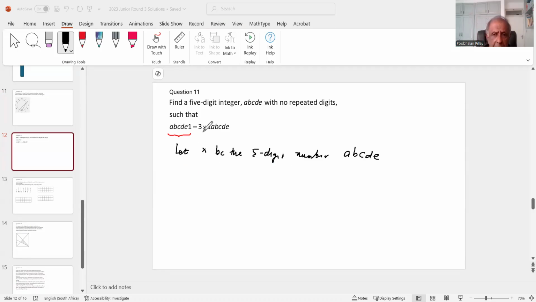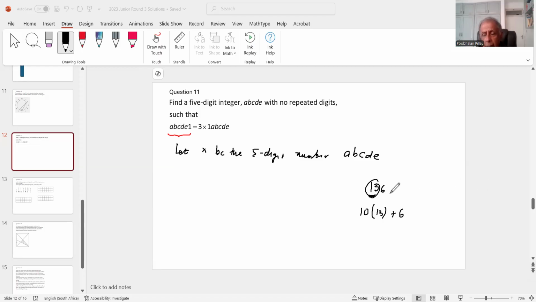All right, now you've got an equation here. Can I write this in terms of x? The answer is yes, because if I take anything, say 136, this is 10 times 13 plus 6.